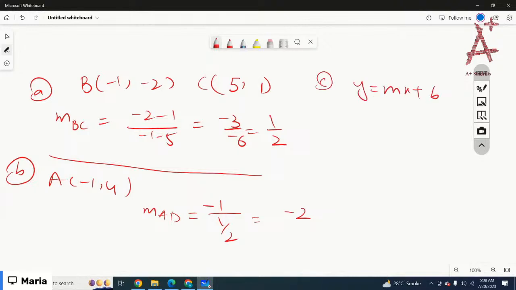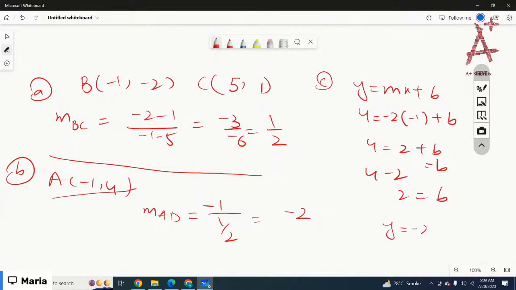The point A is (-1, 4), so we have the coordinates of point A. Use these coordinates: y is 4, slope is -2, x is -1, plus b. So 4 equals 2 plus b, then b equals 4 minus 2, b equals 2. So the equation is y equals -2x plus 2. That is the equation of line AD.